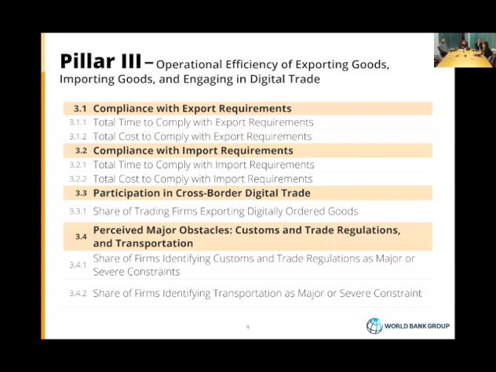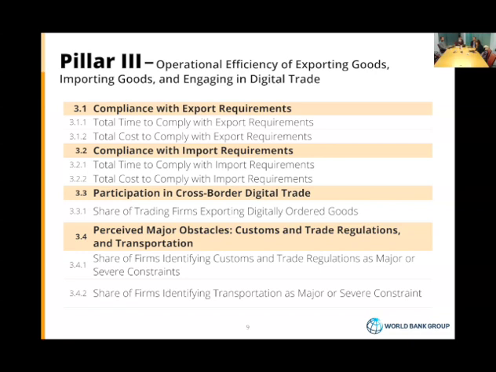The first two categories of Pillar 3 pertain to the compliance cost and compliance time with export and import requirements. It goes without saying that increased time and cost of compliance hinders firms' ability to access the global market, representing a substantial barrier to trade in goods.